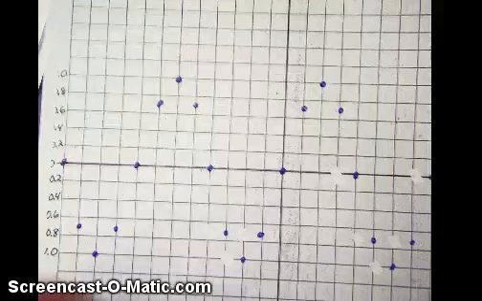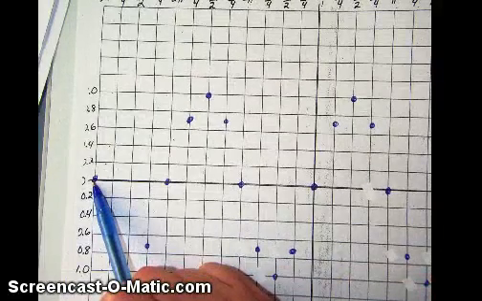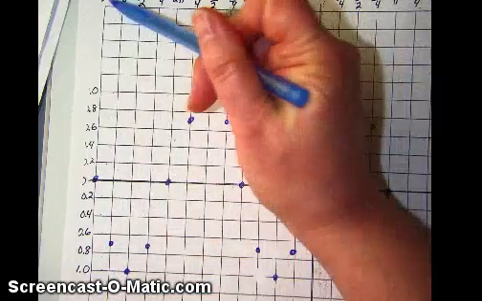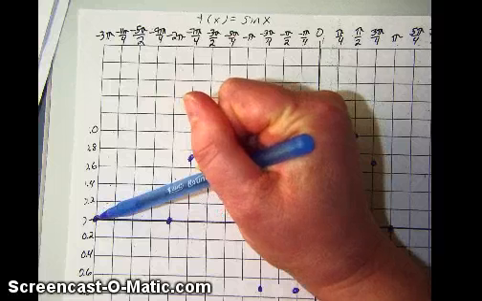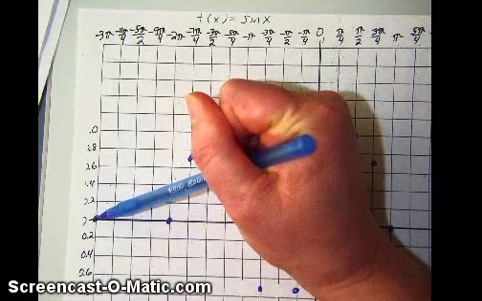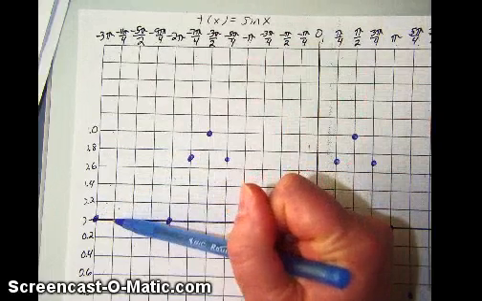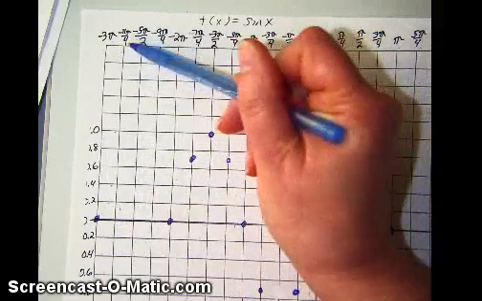Okay. So my table said that at -3 pi, here's my -3 pi, the x coordinate is -3 pi, the y coordinate is 0. At the next bar, we've got -11 pi over 4. That's the x coordinate.